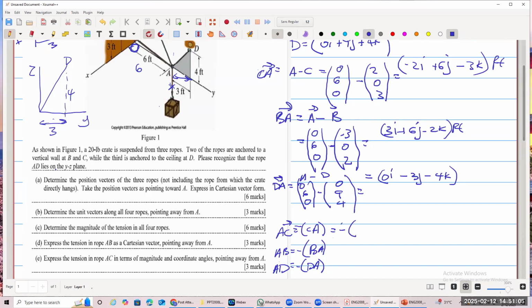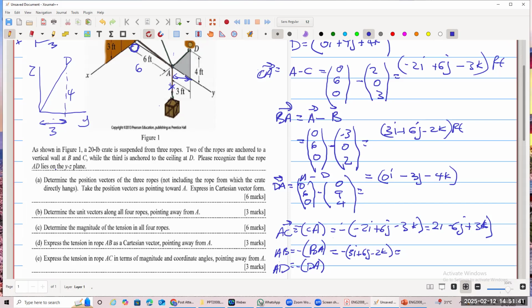So CA was minus 2I plus 6J minus 3K. That now gives you 2I minus 6J plus 3K, and we have to make sure we get them right. If you don't get these right, you're going to get the whole problem wrong. And the next one is minus times 3I plus 6J minus 2K.